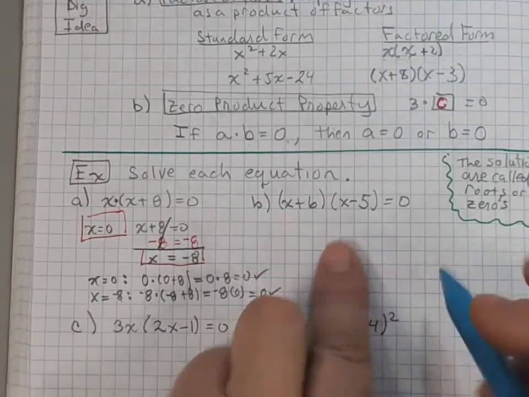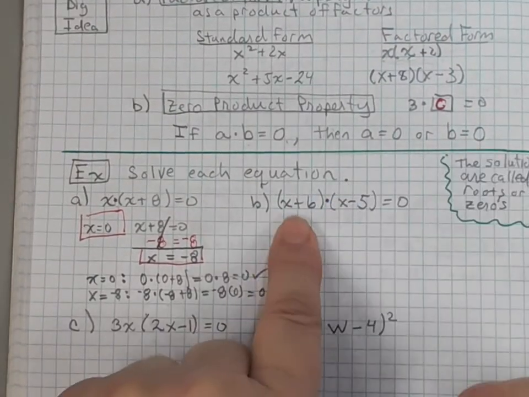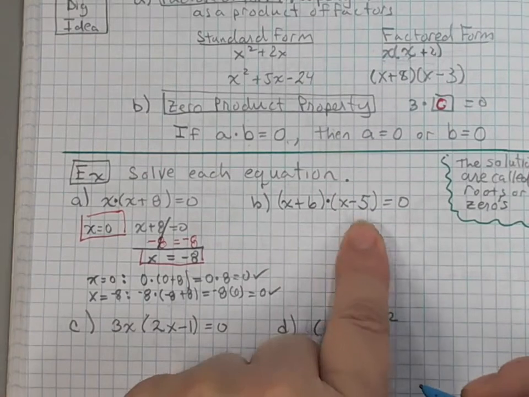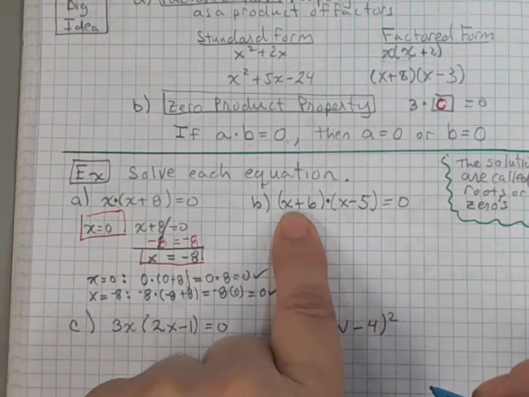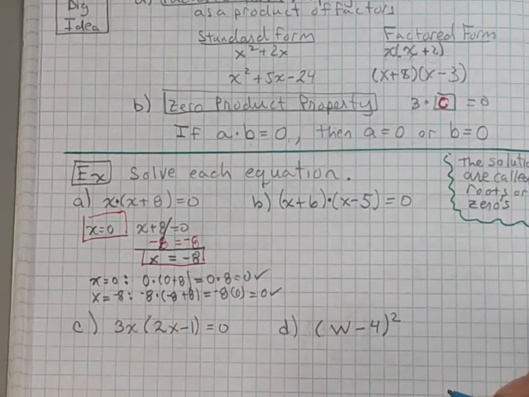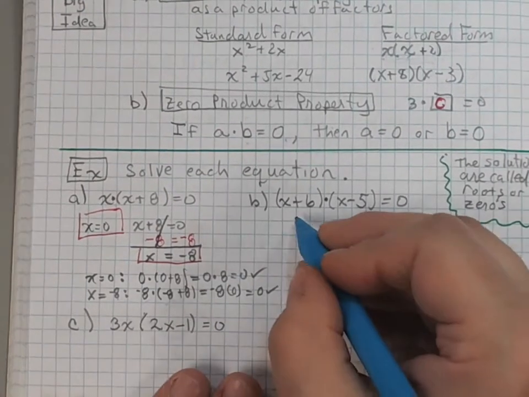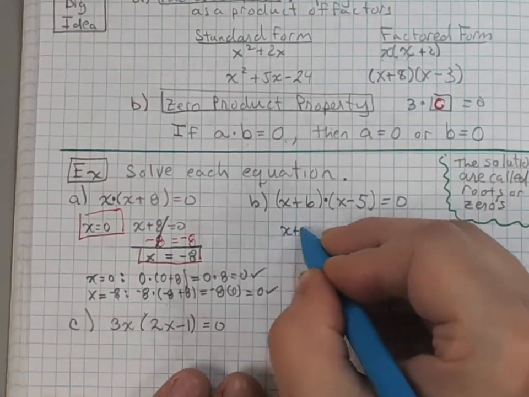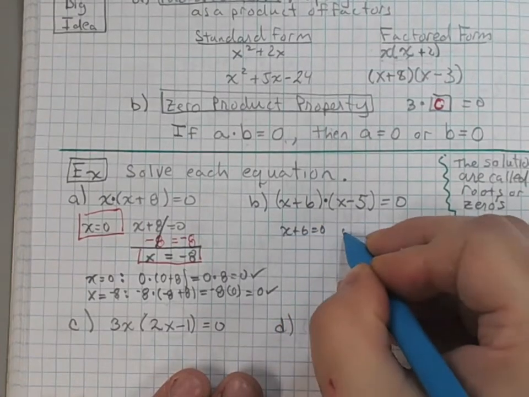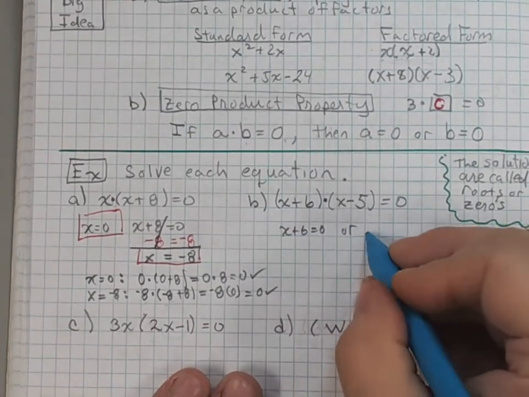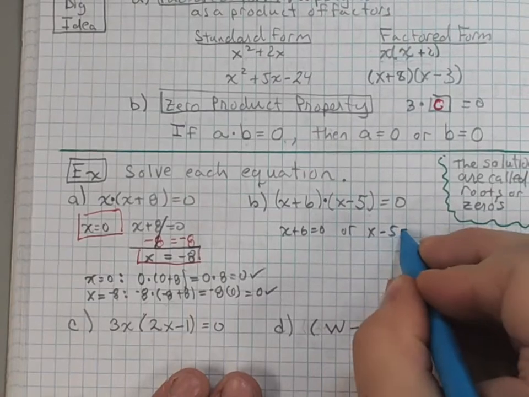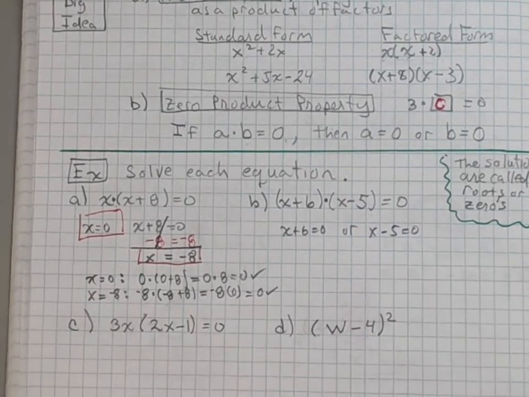All right, so here is a factored form. My first factor is x plus 6. My second factor is x minus 5. One of those two factors has to be equal to 0 for this equation to be true. So I write x plus 6 is equal to 0, or x minus 5 is equal to 0. And then I solve those.